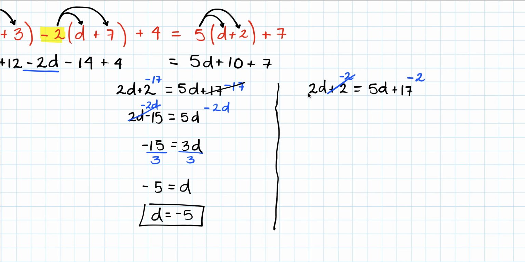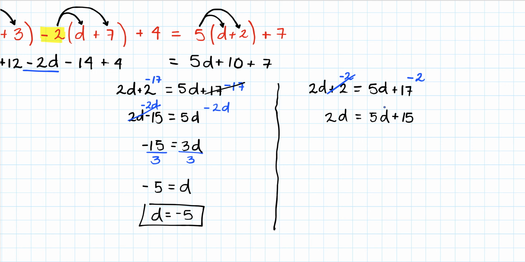This gets cancelled, and then I have here 2d equals 5d, and positive 17 take away 2 is going to be equal to positive 15. Okay, wonderful.